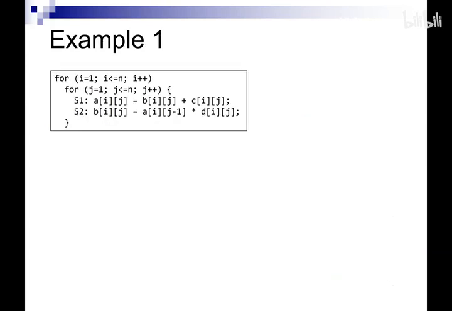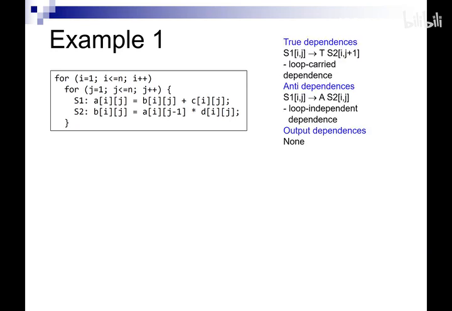Now let's do some examples of this. First of all, we're going to have a loop like this. In these examples, the first step is always to find out what the dependencies are, both the loop carry dependencies and the loop independent ones. So for the loop carry dependencies, we have some true dependencies in this loop.